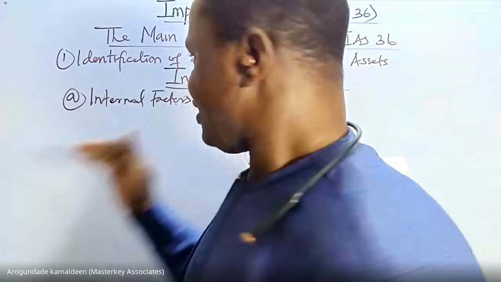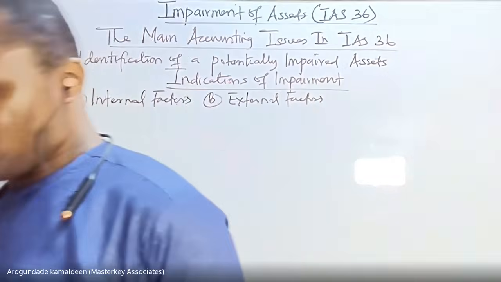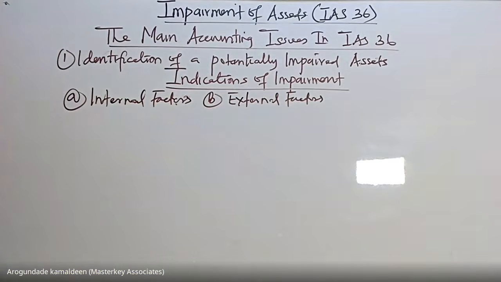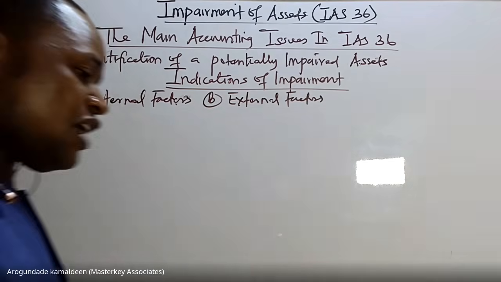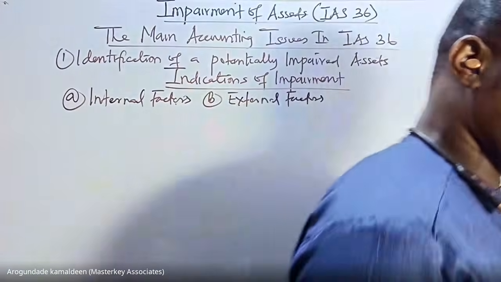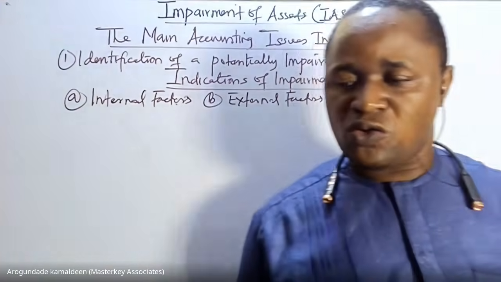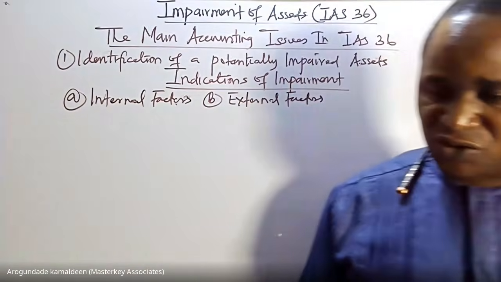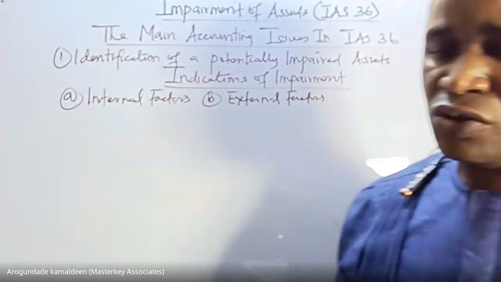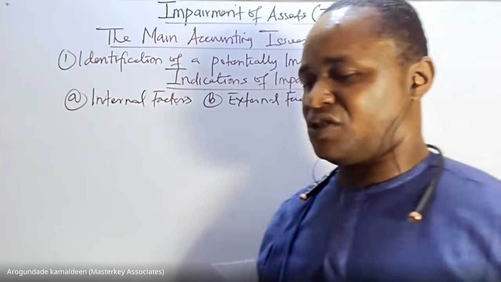I can ask you. Next, external factors that tell us the signs of possible impairment. Number one, a significant decrease in the market value of the asset. On your own record, you are carrying 2.5 million. That is good.